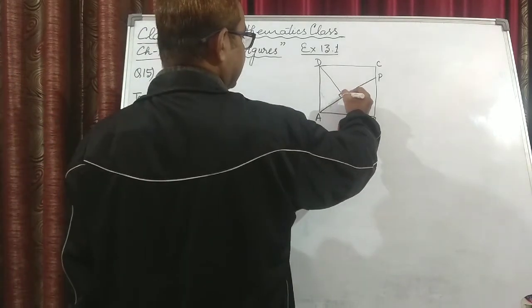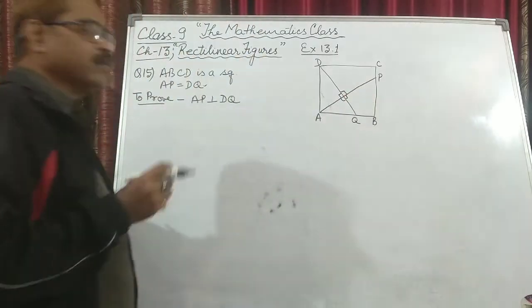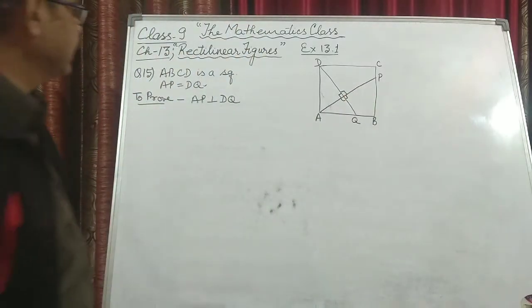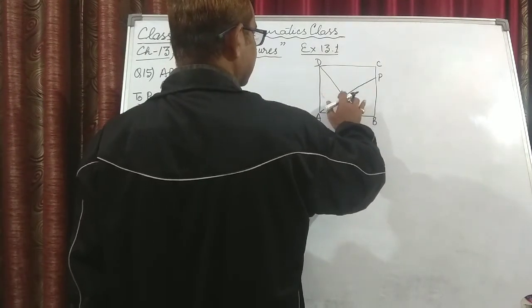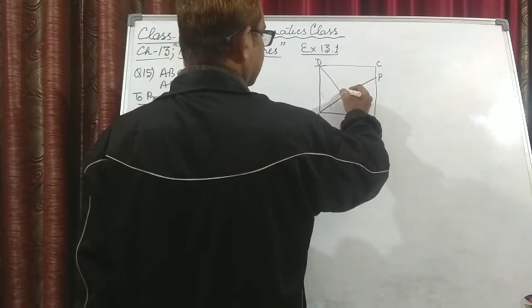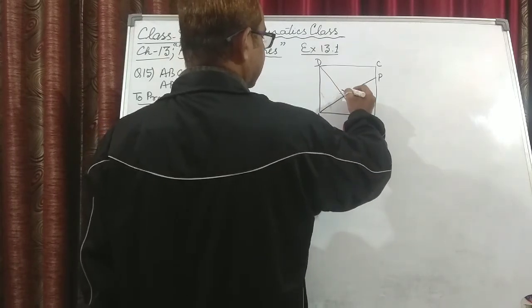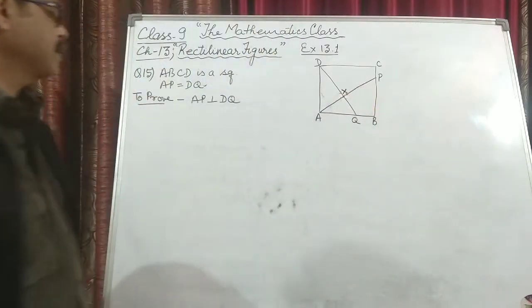Means this angle 90, this angle 90, this angle 90, this angle 90. It means if we prove any one angle is 90, our job is done. So let us name it as point X.